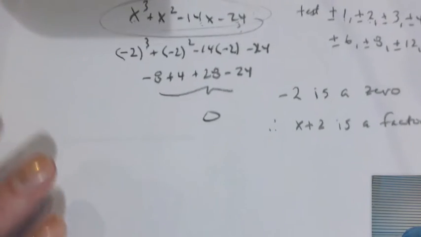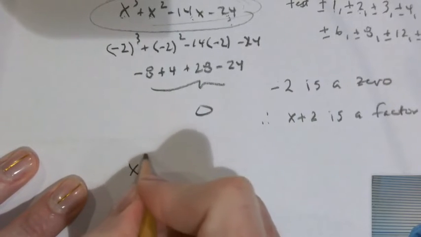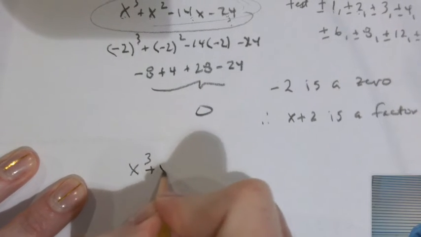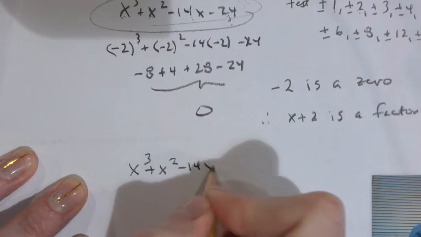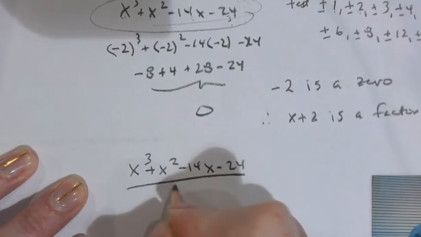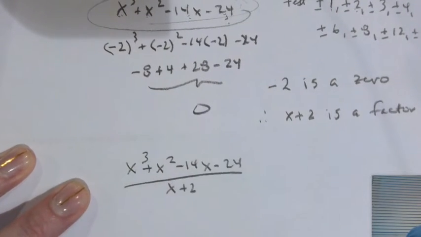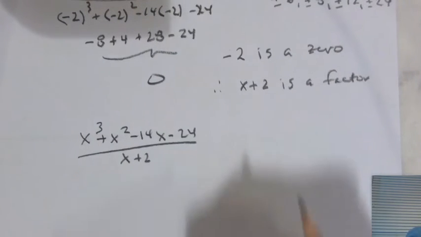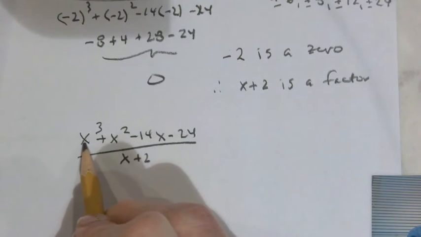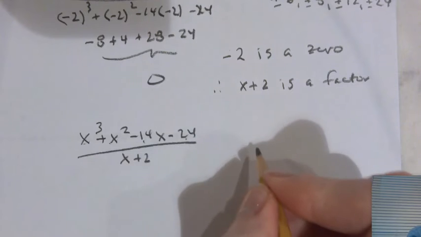Okay, so what we're going to do is take this thing, x cubed plus x squared minus 14x minus 24, and divide by x plus 2. Just a reminder how to do that with synthetic division. We take the coefficients 1, 1, negative 14, negative 24.